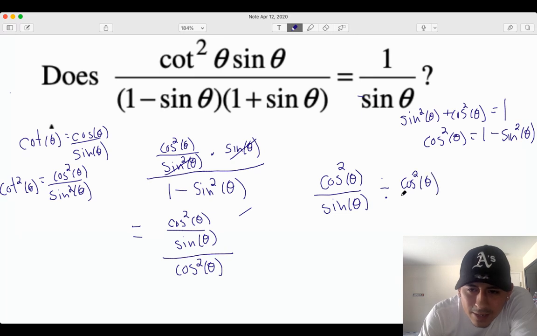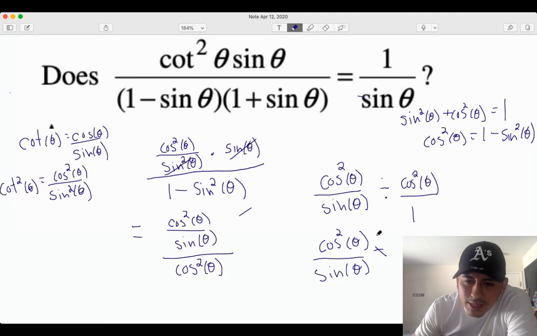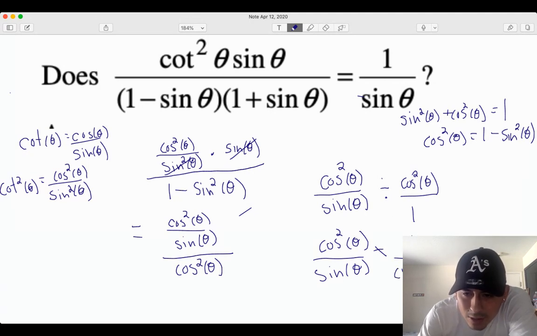I'm going to set this over 1, so I can divide a fraction by a fraction, and then I'm going to get cosine squared of theta over sine of theta multiplied by 1 over cosine squared theta. And now you guys can see it.